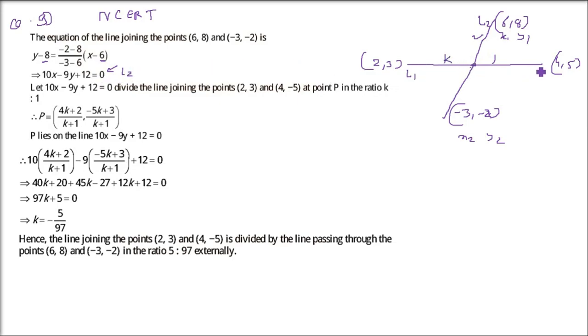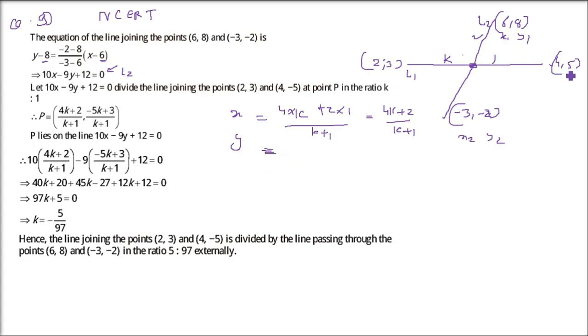Now L1, here we will find out this point of intersection where it is cutting. So as I told you, we already saw the formula, the section formula. Let me write the final location. So x will be 4 into k plus 2 into 1 divided by k plus 1, that is 4k plus 2 by k plus 1 is the x coordinate.